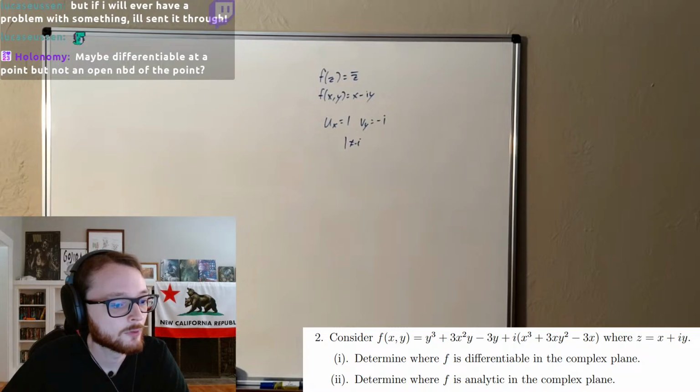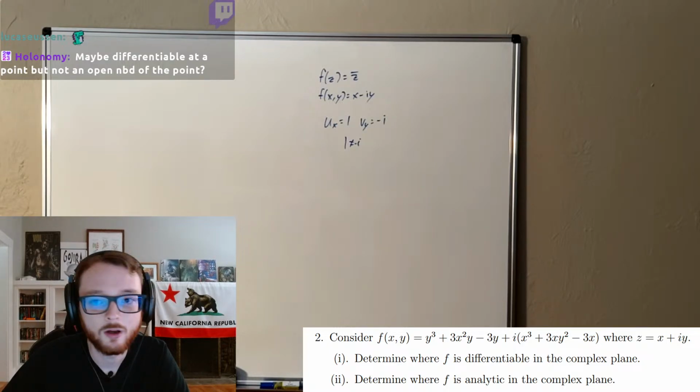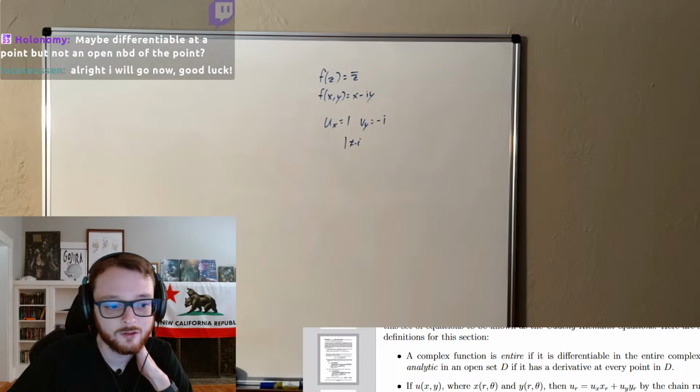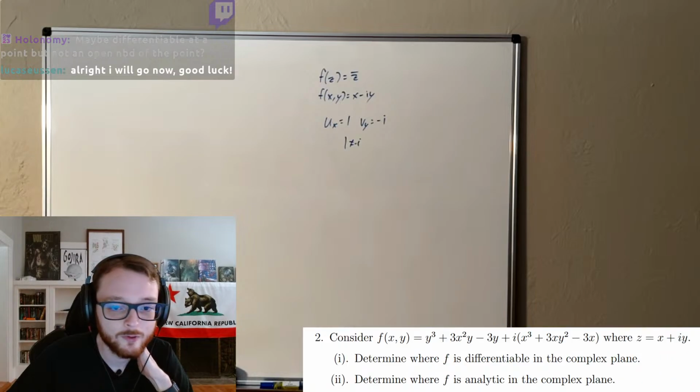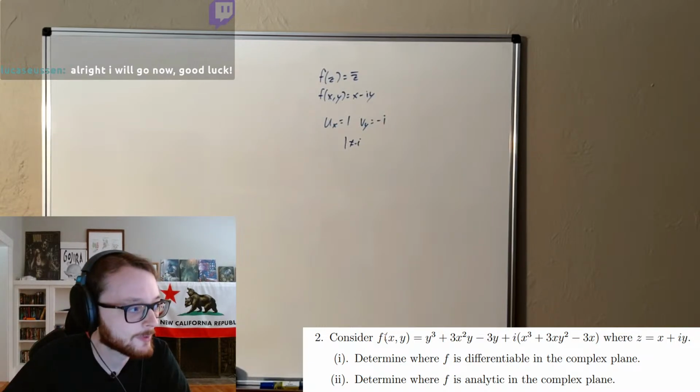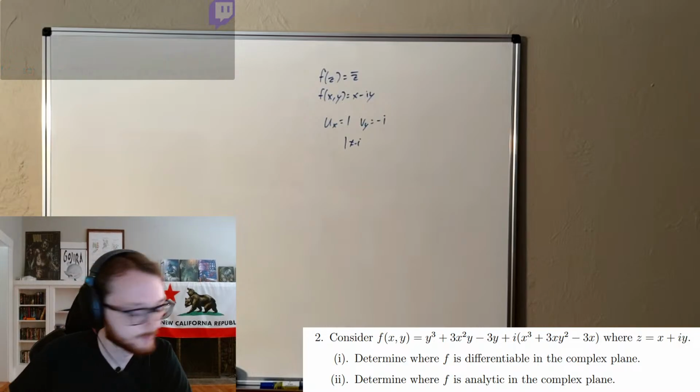Differentiable at a point, but not at an open set D. Oh, for an open set D. Right, I think maybe something like that came up during the class, but I don't quite understand what it means to be differentiable at a single point.